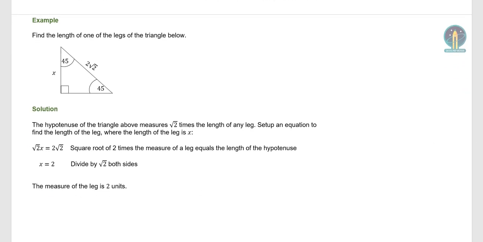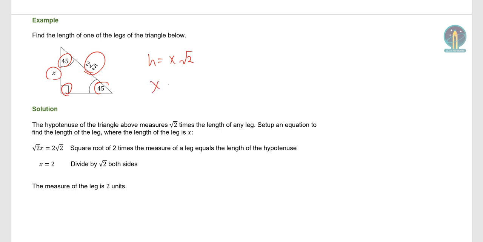Find the length of one of the legs of the triangle below. So 45, 45, 90. We have the hypotenuse is 2 square root of 2, and one of the legs is x. So the hypotenuse is equal to a leg times square root of 2.